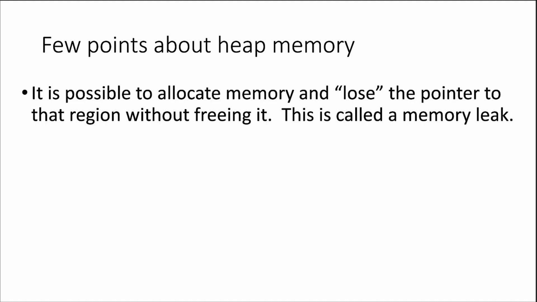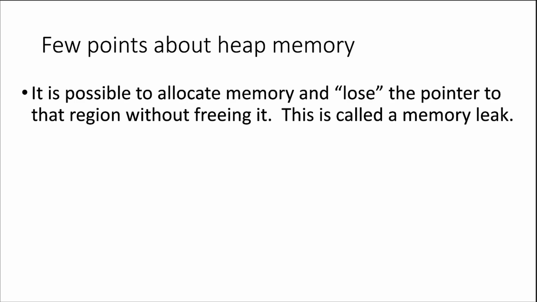So a few more points about heap memory. The first important point: it is possible to allocate memory and lose the pointer to that region without freeing it. This is called a memory leak. So read the sentence again. You are taking some memory from the operating system for your dynamic memory allocation, and you use that for a certain duration, and then you do not give it back.